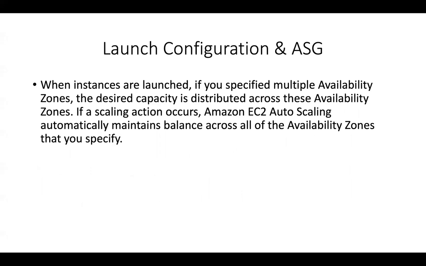It's not high availability across regions. It's only within a region that you can get high availability and fault tolerance. So even if one availability zone itself goes down, you will still be able to redirect your traffic to a healthy instance in another availability zone just by using a load balancer. And you can scale accordingly within that same availability zone by using auto scaling group, right?